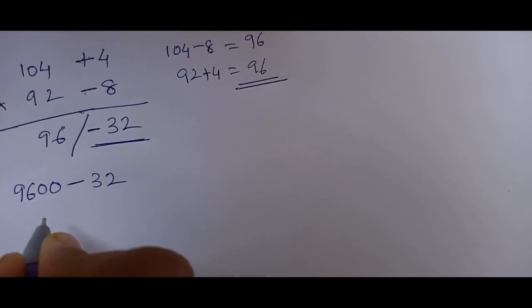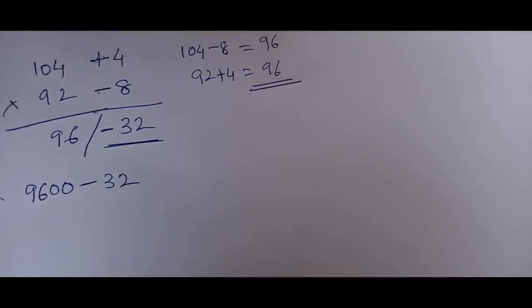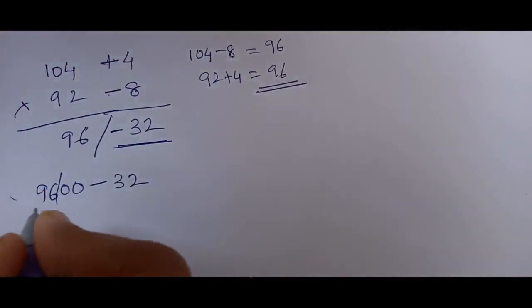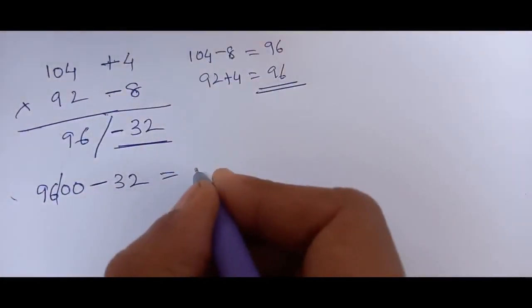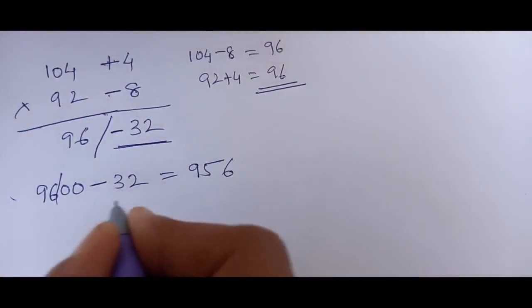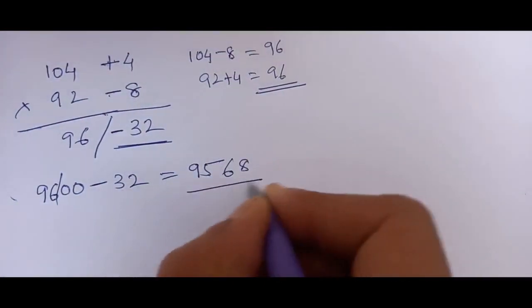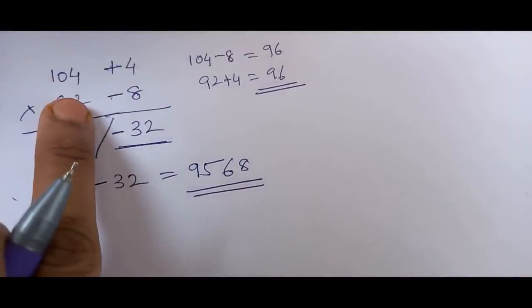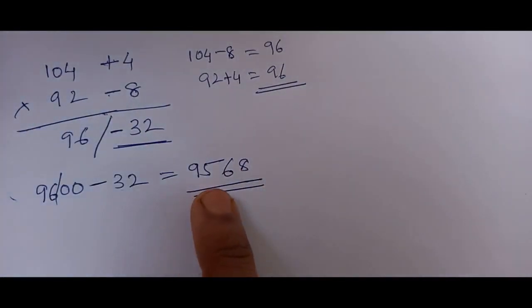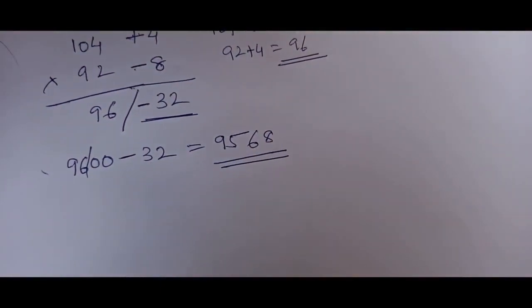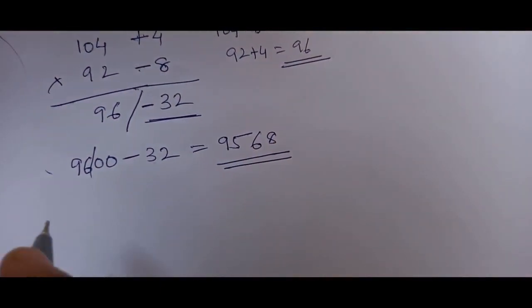Then again we can apply all from 9, last from 10. So this is 96. In that case we need to reduce 1, that is 95. 9 minus 3 is 6. 10 minus 2 is 8. So the answer is 9568. So 104 into 92 is equal to 9568. Is it clear? Shall I illustrate one more example?